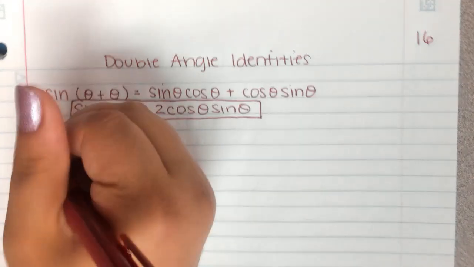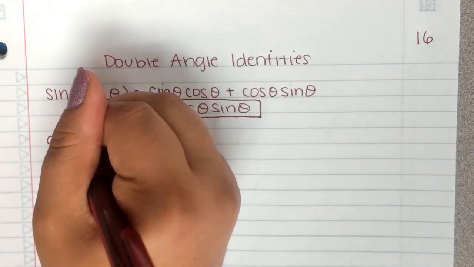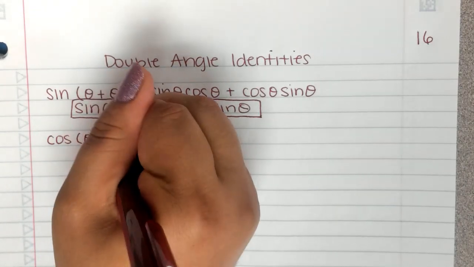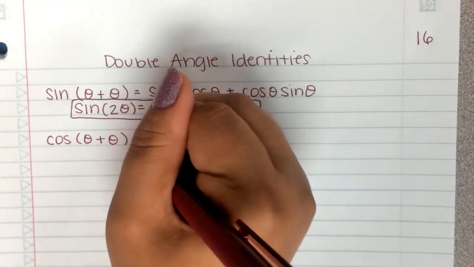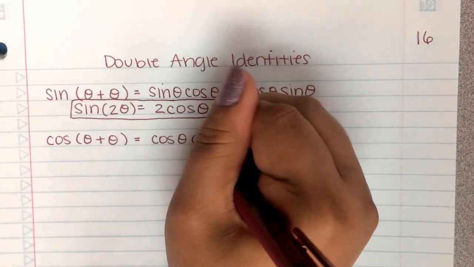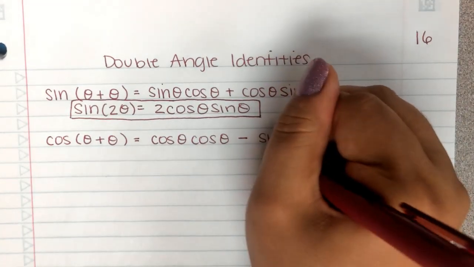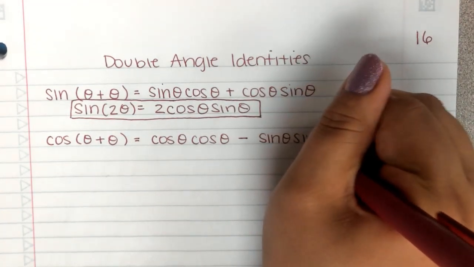Now if we did the same thing for cosine, remember cos, sine, sine, cosine of the same angle, we would get cosine theta, opposite sign, minus sine theta, sine theta.